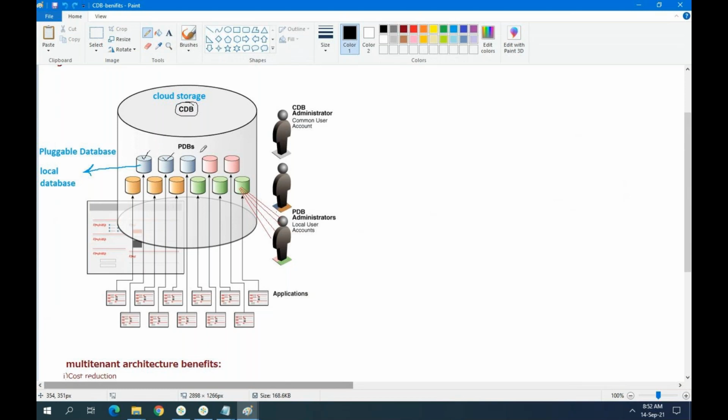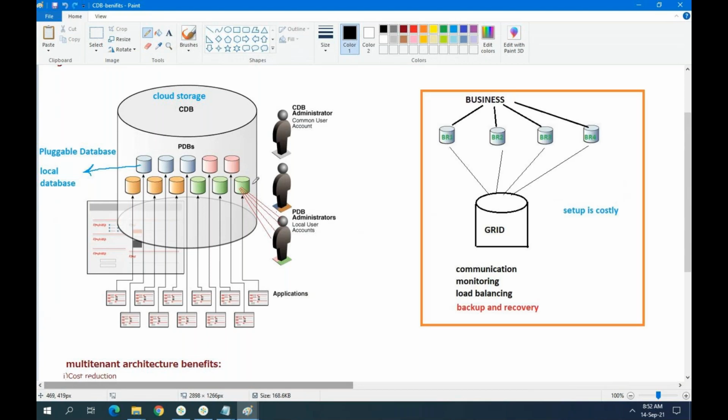These are known as pluggable databases or local databases. Developers, he is the local user account, he is the developer. Developers always work with these local databases. Understand, guys?